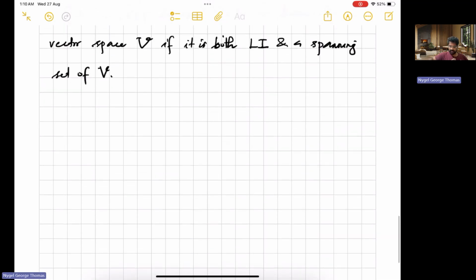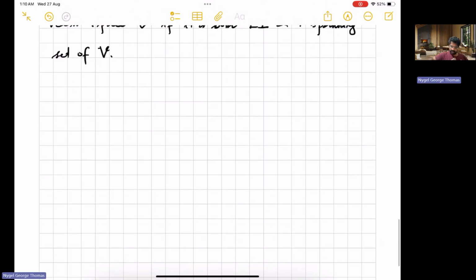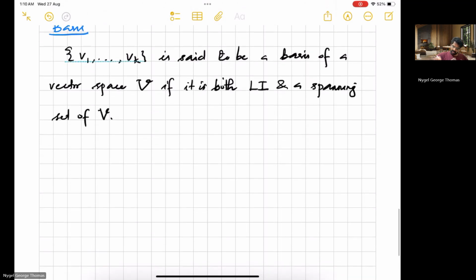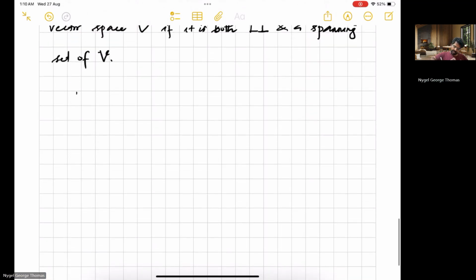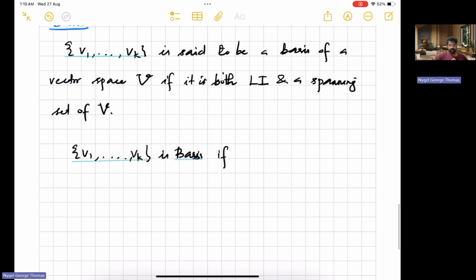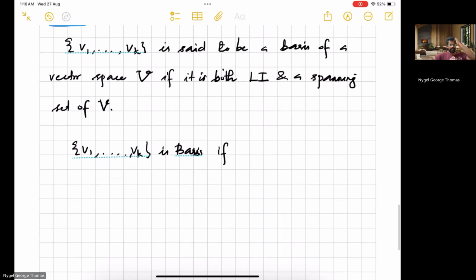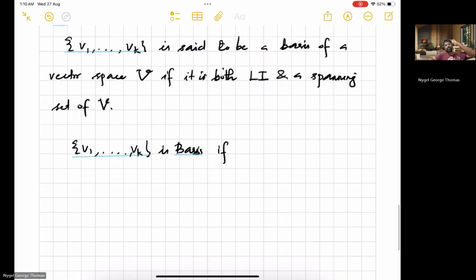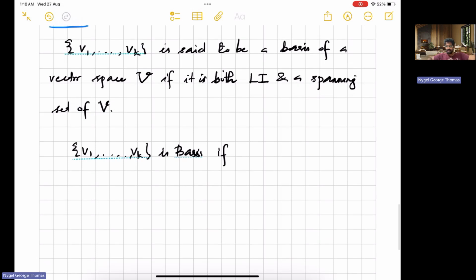Now let's try it mathematically. The set of vectors v1 to vk is a basis if, well, it's a definition, so let's just write if.